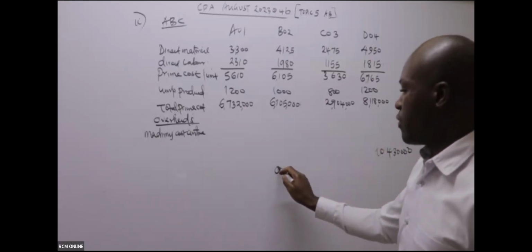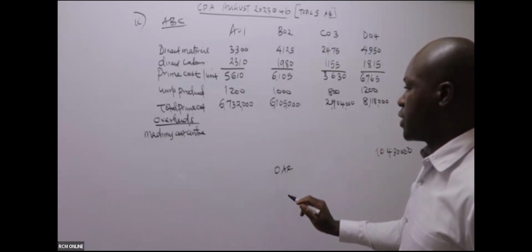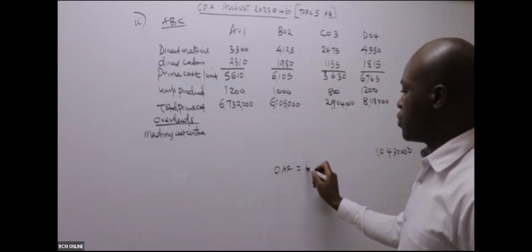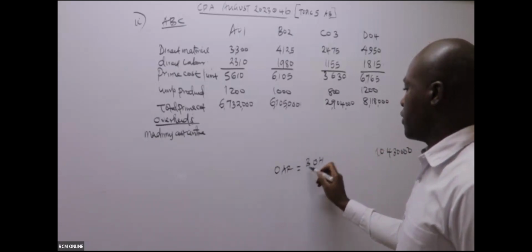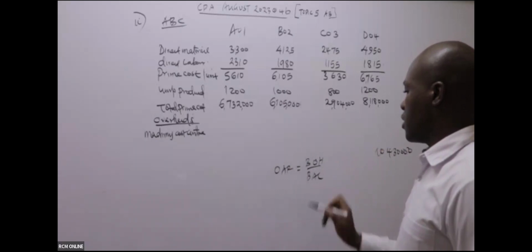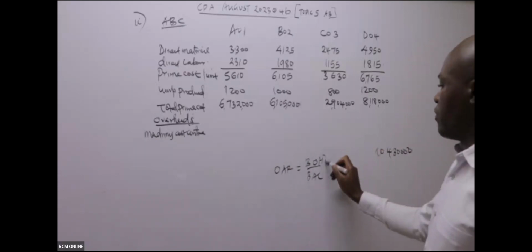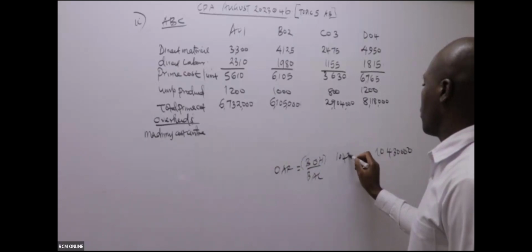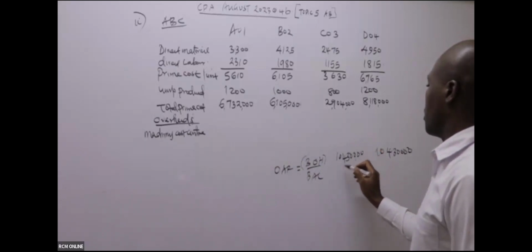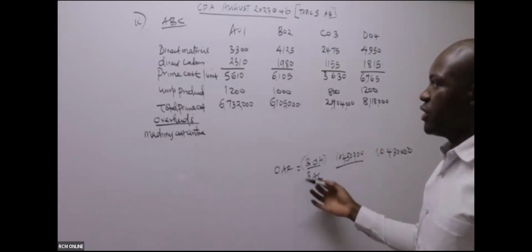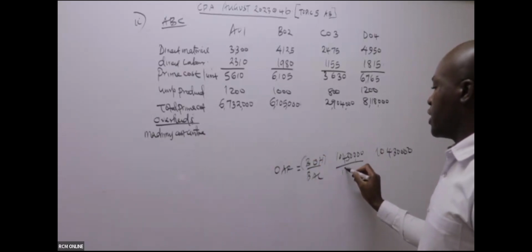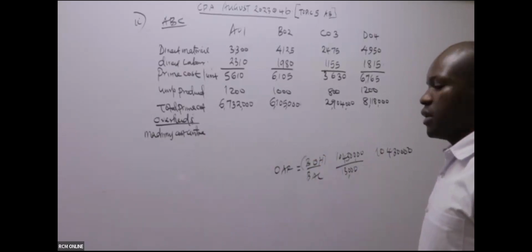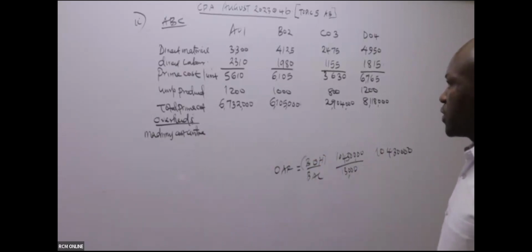So we get to the concept of overhead absorption rate. Overhead absorption rate is equal to budgeted overheads divided by budgeted activity level. So budgeted overheads, we start with the first one here. We have 10,430. Budgeted machine hours, we just used the other time. We had a total of 13,000, right? And how are we getting this 13,000?